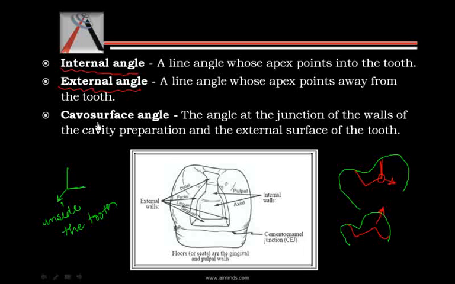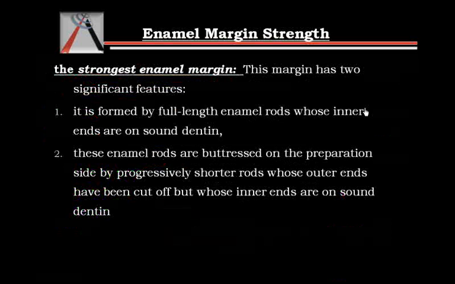But whenever we are considering line angle, we do not talk about the junction of the inside of the cavity and the unprepared surface of the tooth, because that particular junction is not called a line angle, but has a specific name, that is the cavo surface angle. This point is important because when we are counting the line angles and point angles, we do not count cavo surface angles.